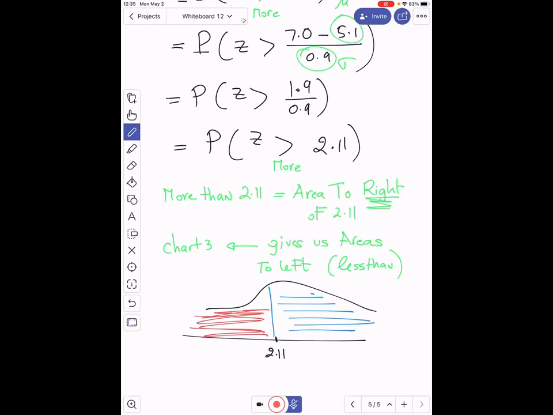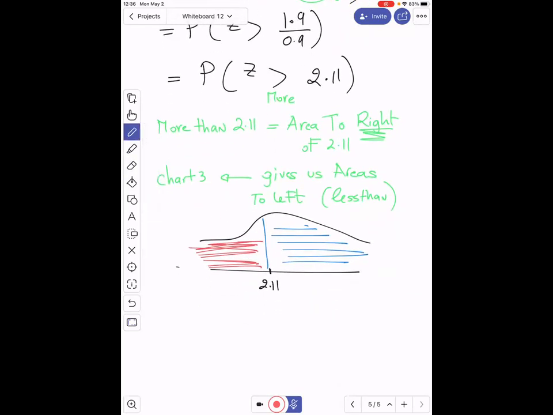So if you have the area to the right, that will be 1 minus the area to the left. This is more general than what we did with the 50% in section 7.1.